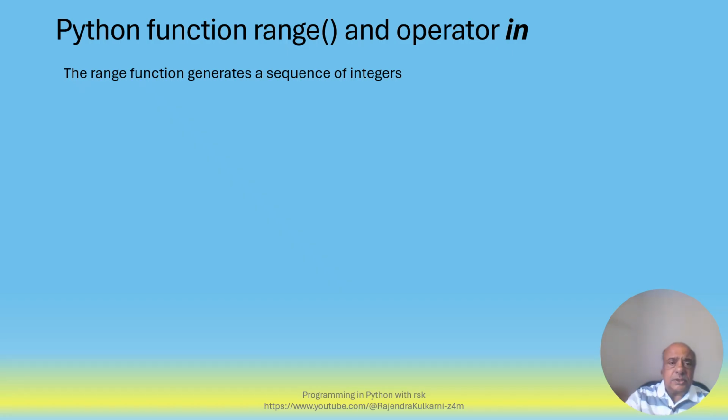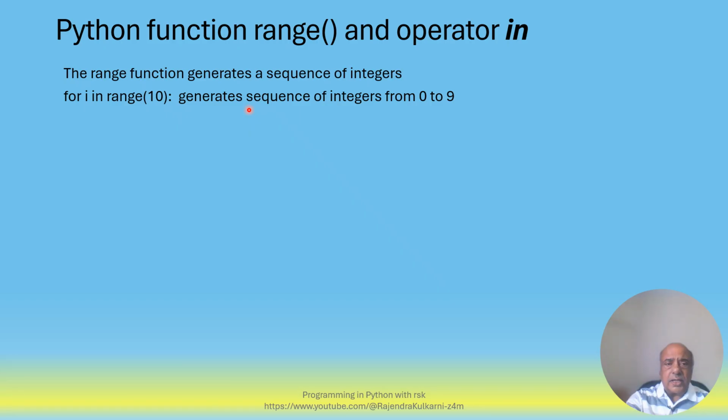The range function generates a sequence of integers. We have seen already in the program, range has created a sequence of integers starting from a particular value and ending at a specific value, with specific intervals. When the interval is not mentioned, the interval is by default 1.